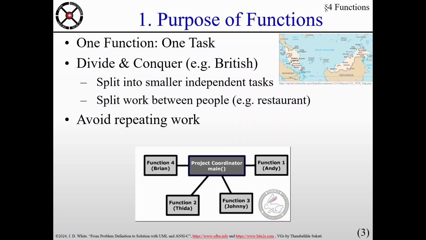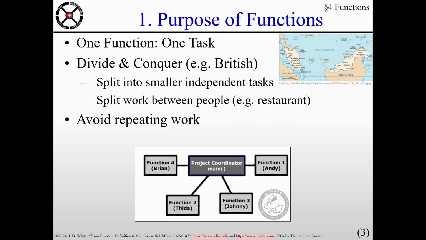So you can see from this bottom diagram here, basically, the idea is we have a project coordinator. In C programming, that project coordinator is called main, and then he calls functions. So one function could be written by, say, Andy, another function by Johnny, another function by Theta, another function by Brian.